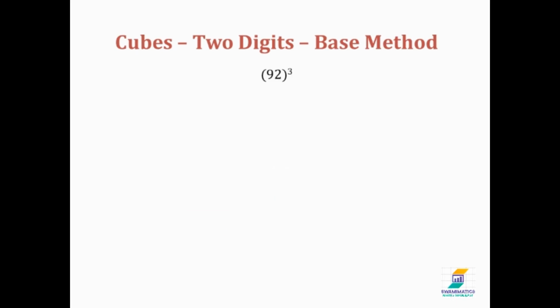Right, now let's consider one more example, 92 cube. As I explained earlier, here I am going to take negative deviation. Since 92 is close to 100, I'll take the base as 100. Since the base is 100, subbase becomes 1 and the deviation becomes 92 minus 100, which is minus 8.